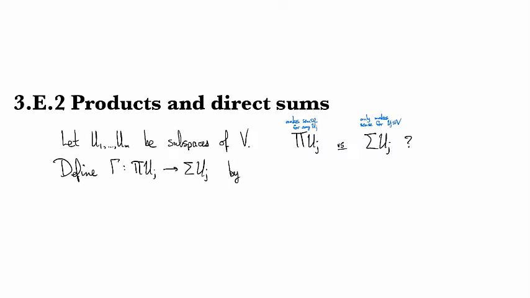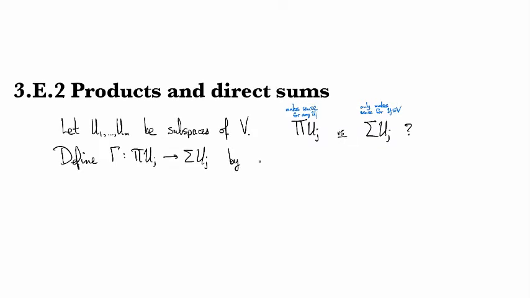The way we define it is we say that capital gamma applied to something from our product that looks like this, right? So we have an M-tuple of things, and each UJ comes from the corresponding capital UJ. Then since each of these individual components are part of the same vector space V, we can actually add them. And that makes sense, right?